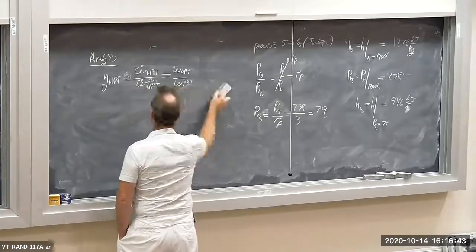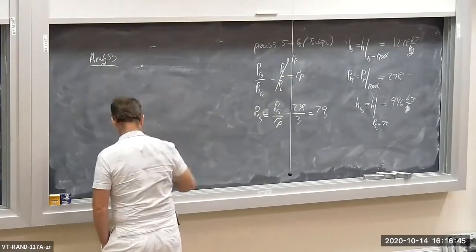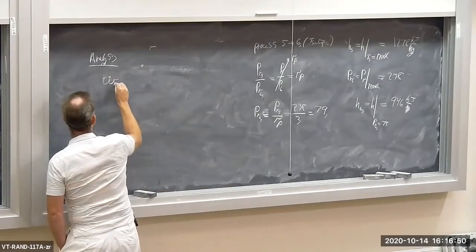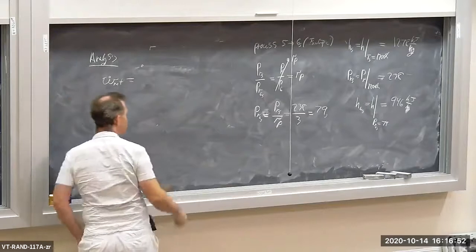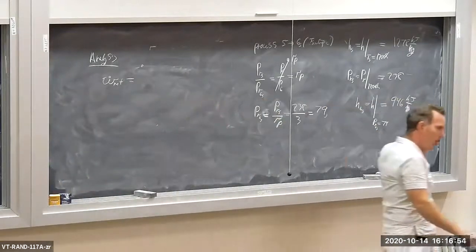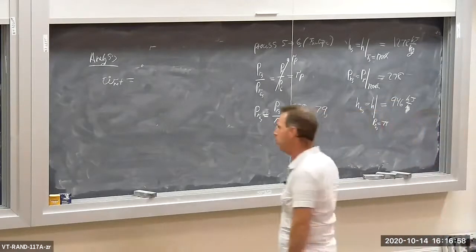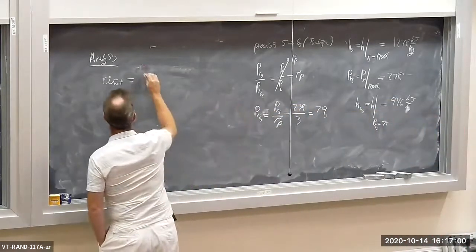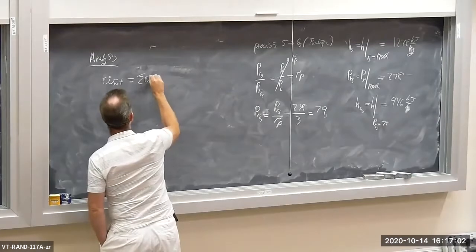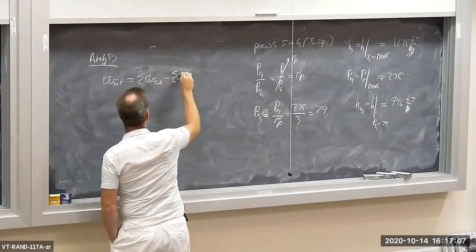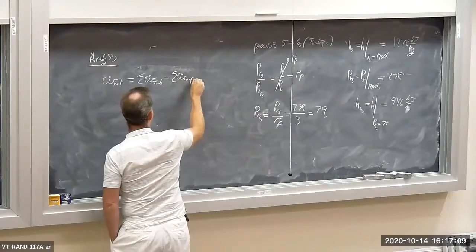Well, W dot net, the actual power produced by this Brayton cycle, multi-stage or otherwise, is the sum of the turbine powers minus the sum of the compressor powers.